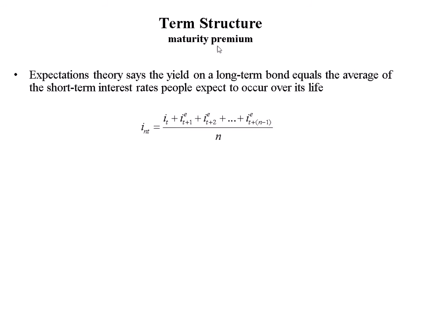Okay, so the term structure under expectations theory says that an N-year bond has a current yield equal to what you would get from 1-year bonds.